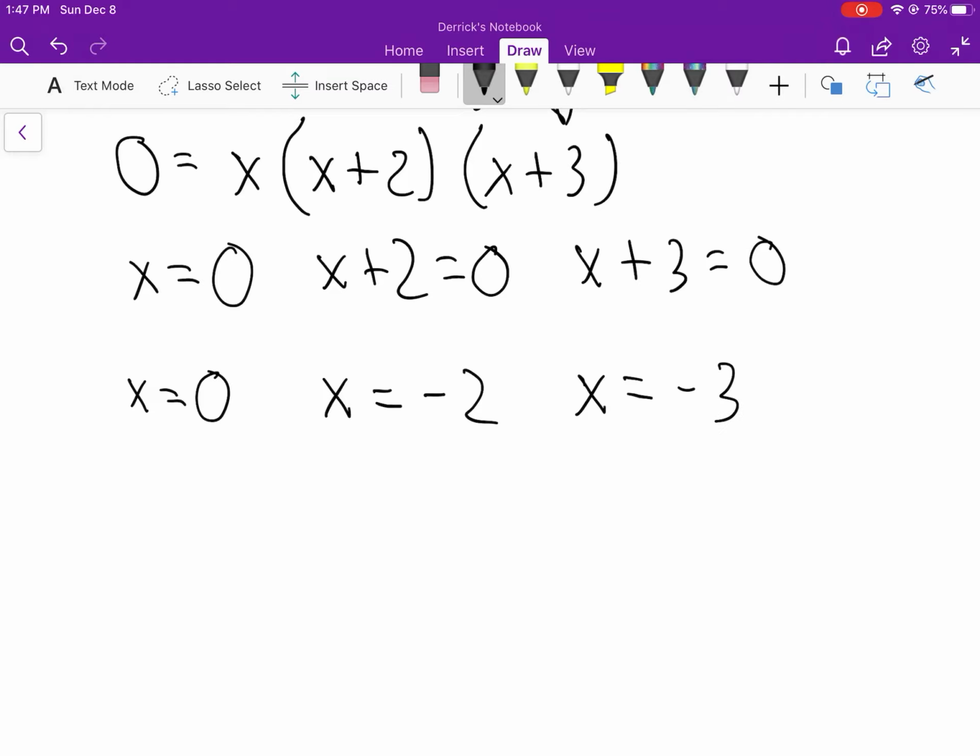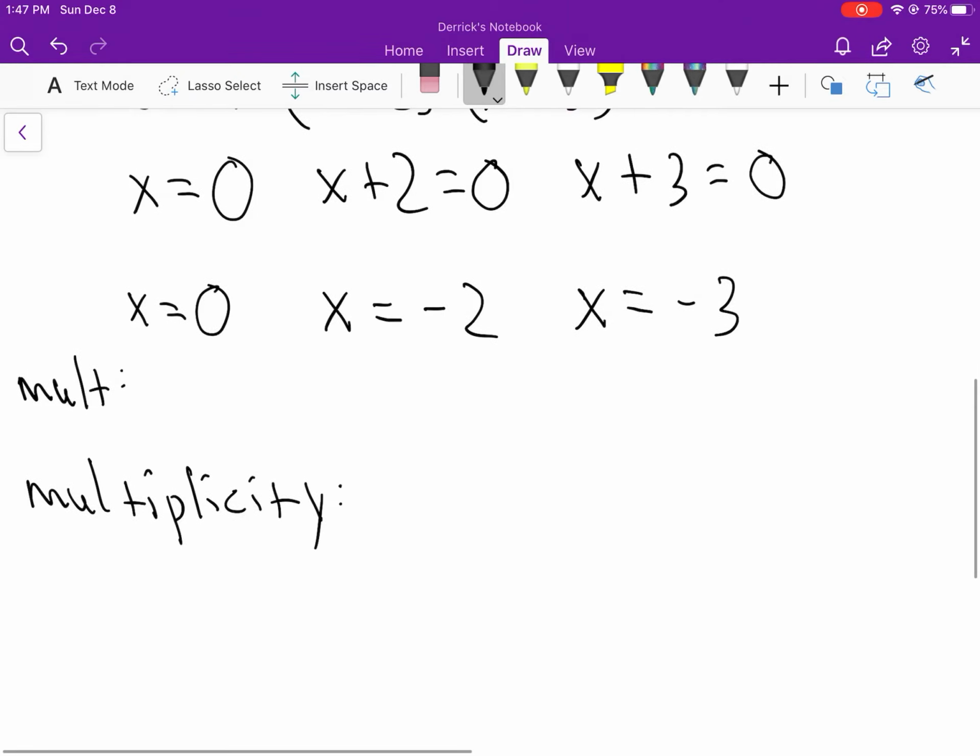Now, the other part of this lesson is determining multiplicity. It's a weird word. The easiest way to define multiplicity is you're basically answering the question of how many times did I get each answer?